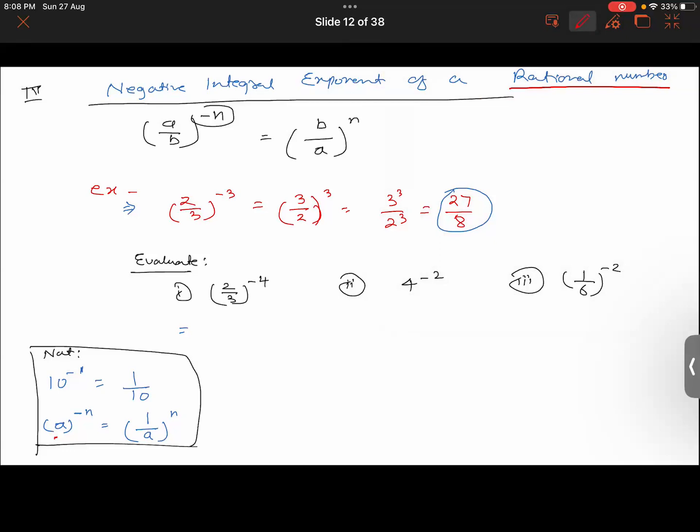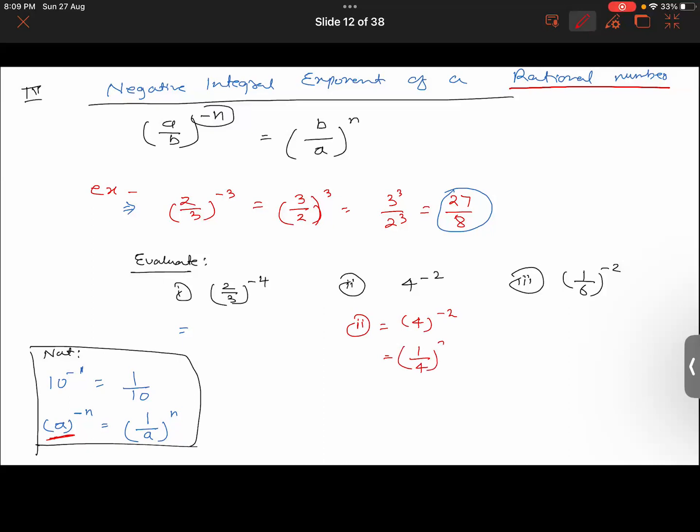So try to solve the questions. The method is clear to you, right? Yes, sir. Okay, I will be explaining the second one. So it is 4 raised to the power minus 2. Is it not in this form, a raised to the power minus n? So it will become 1 upon a, that is 1 upon 4.